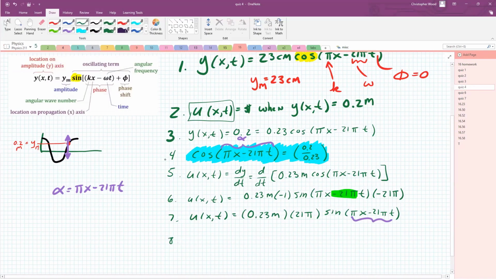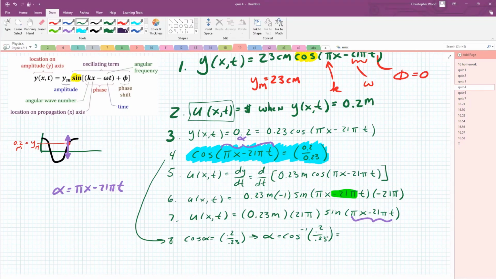If I look at number 4, I have the following: cosine of alpha equals 0.2 over 0.23. And that means alpha equals inverse cosine of 0.2 over 0.23. And whatever that equals, that equals 0.516 and some change. Let's store that in calculator memory A.